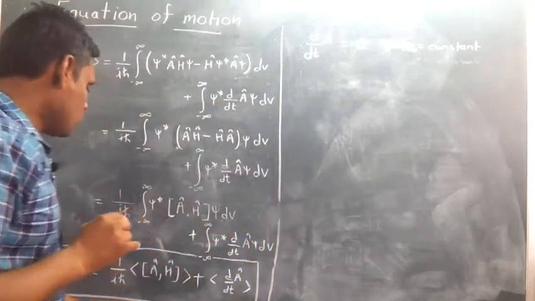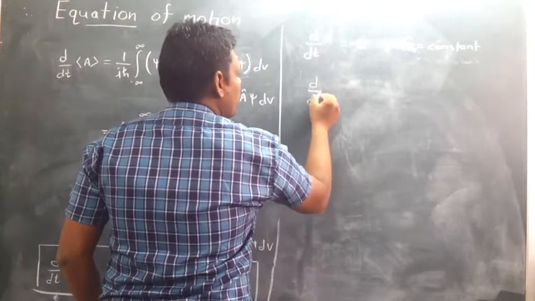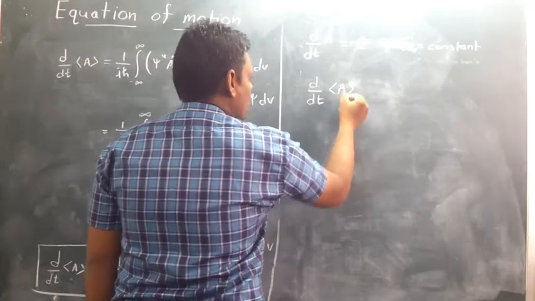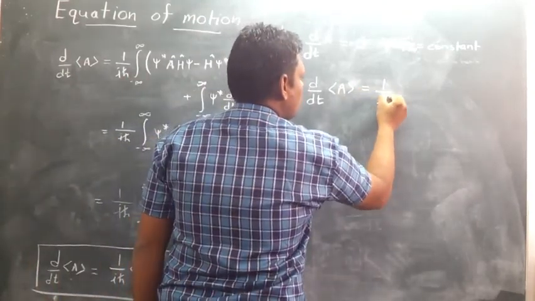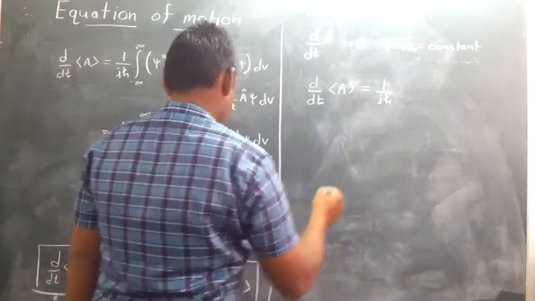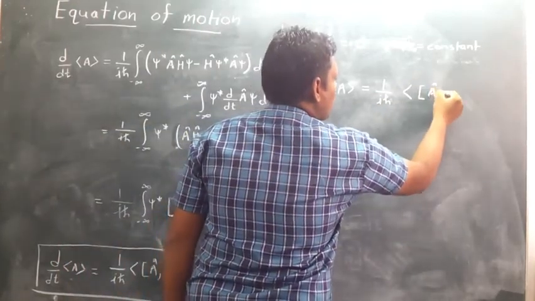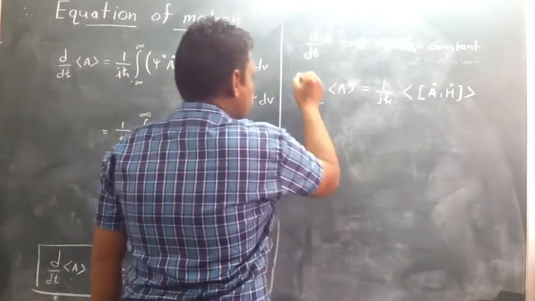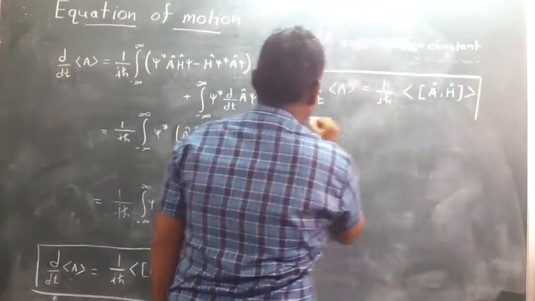So I can reduce this equation to: d upon dt of the expectation value of A is equal to 1 upon i h cross times the expectation of the commutator of A cap and H cap. So this is your required equation of motion in quantum mechanics.